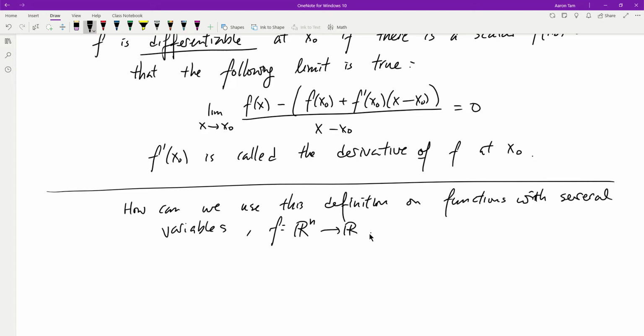Okay, yes, we still focus on just a single dependent variable, a real valued function. But what if we have multiple independent variables? How does that work? I'll show you how that works.